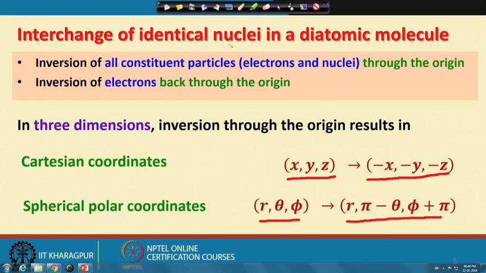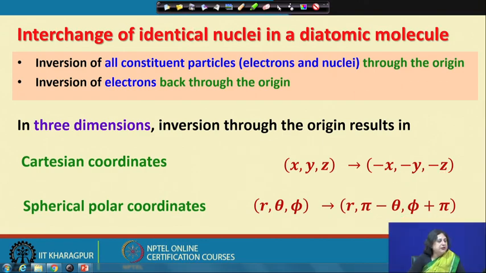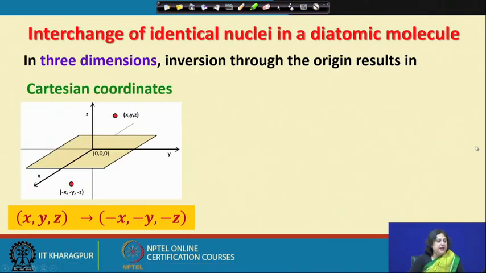So, let us have a pictorial look at what these conversions mean and then proceed further. So, this is a representation of the Cartesian coordinates in the 3-dimensional space. This is the direction of my x axis, this is the direction of my y axis and this is the direction of my z axis. So, this plane is nothing but the x y plane.